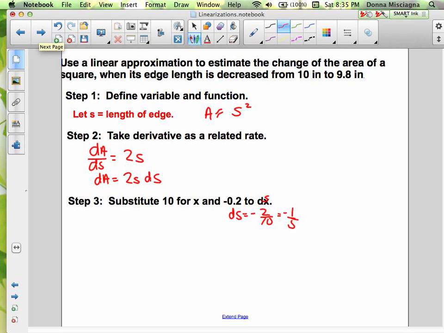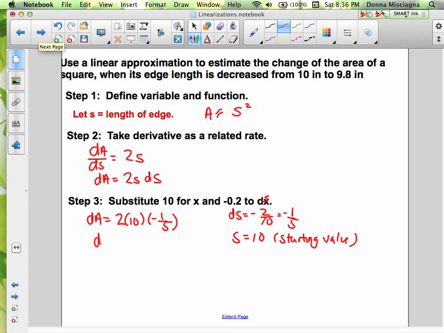All right, so we always substitute our value. So the change in area will be 2 times our S, which is 10. It's the starting value. So that would be 2 times 10 times negative 1/5. That's going to be pretty easy to calculate.